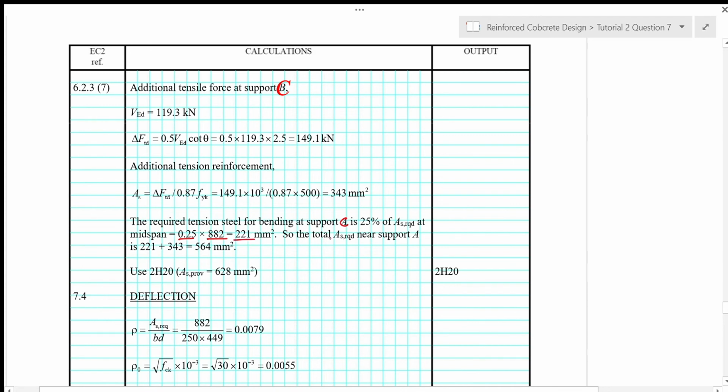So the total required steel near support C is 221 plus 343 to give 564 square millimeter. So we can use only 2H20 to give As,provided of 628 square mm near support C.